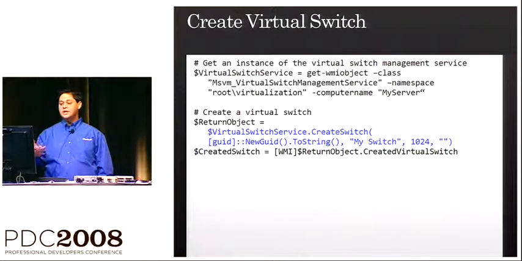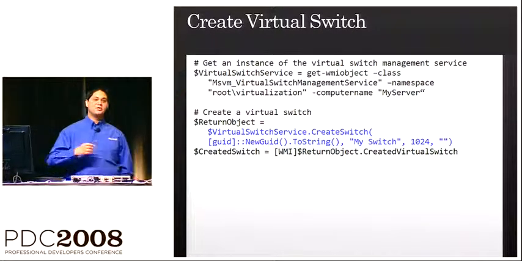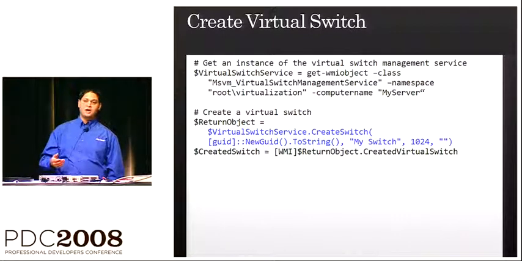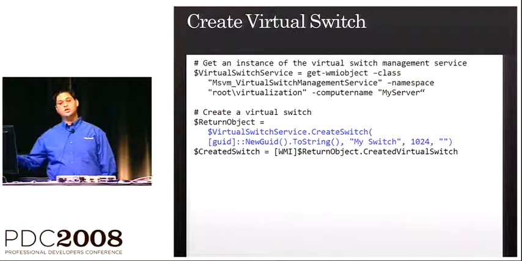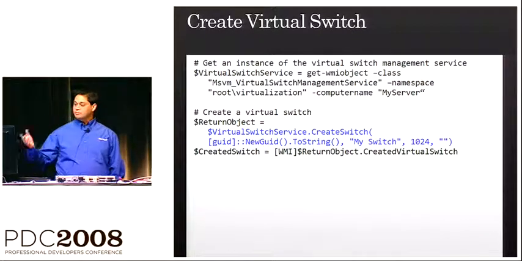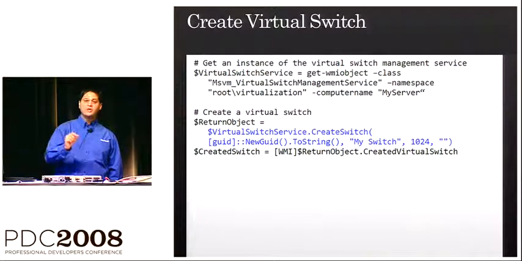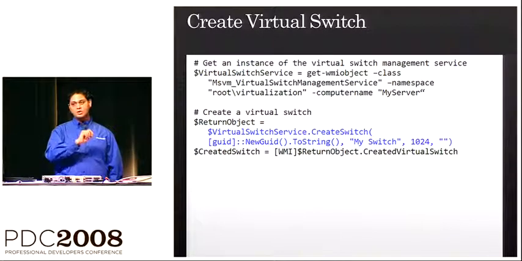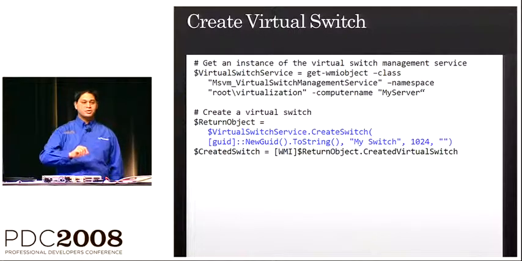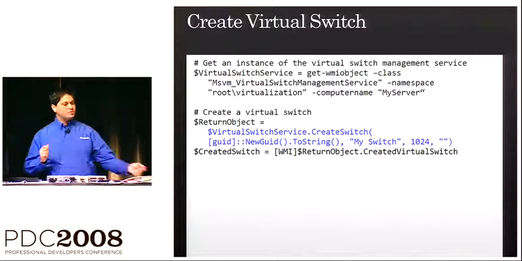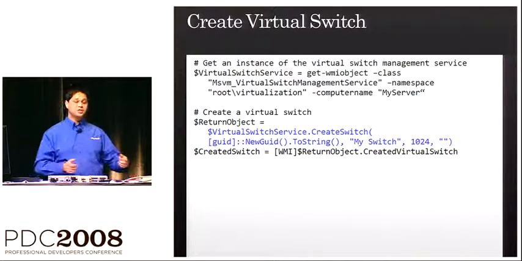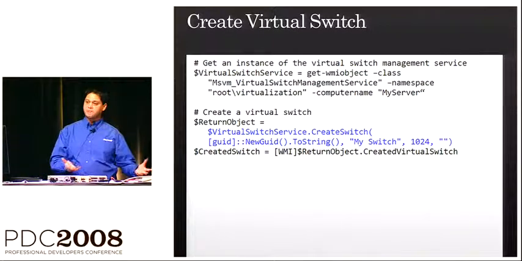Now, the reason that we expose this GUID of the virtual switch and allow a user to configure that, as opposed to virtual machines where we generate it automatically, is that when you start migrating machines, or importing and exporting machines on different hosts, that virtual machine is referencing down into a particular switch uniquely by its GUID.